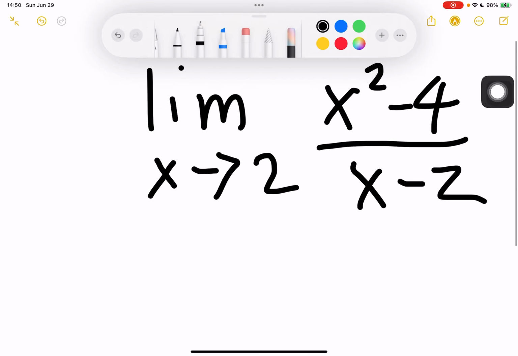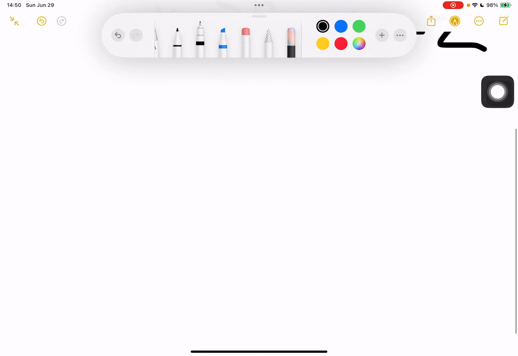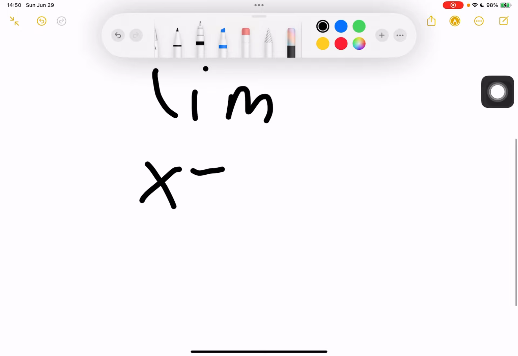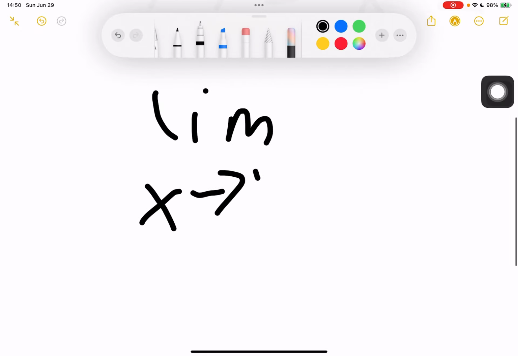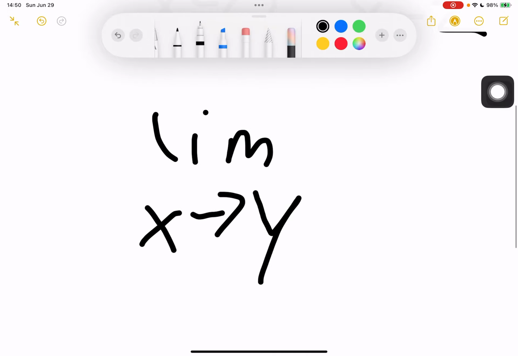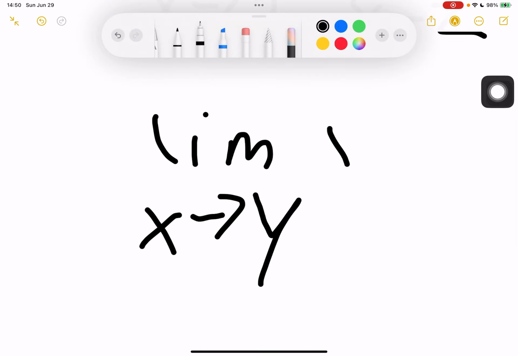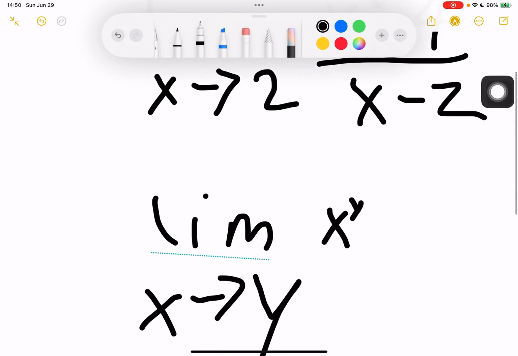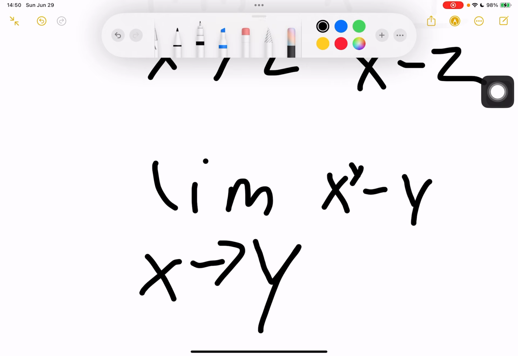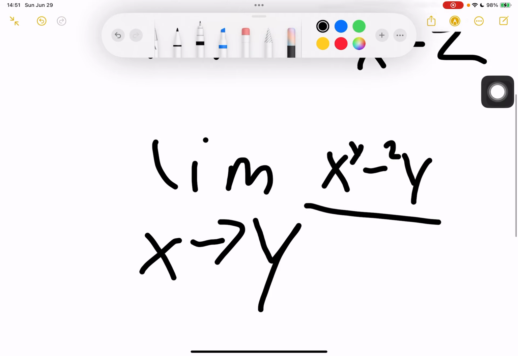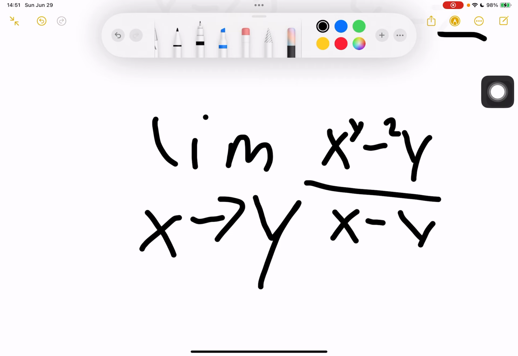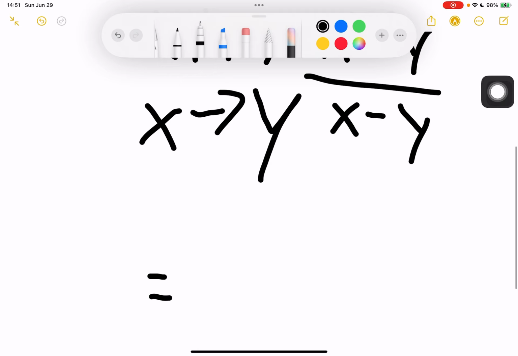The limit of x approaching y gives you x to the power of y minus y to the power of y, over x minus y, which equals y to the power of y, and so here it equals 4.